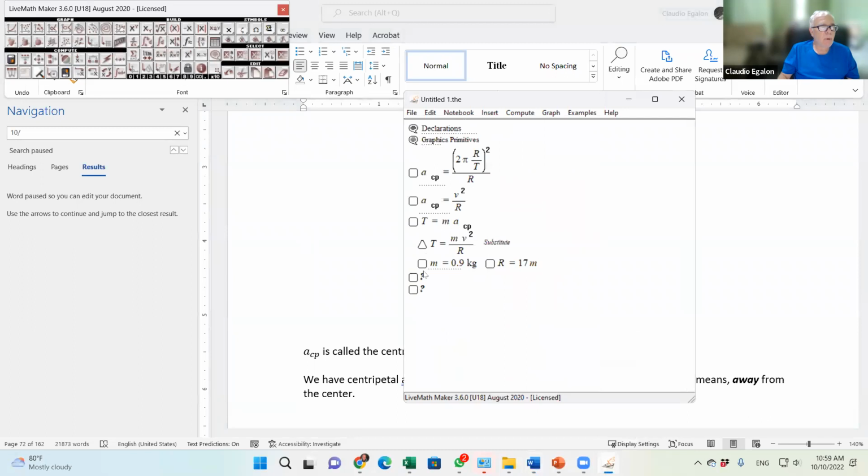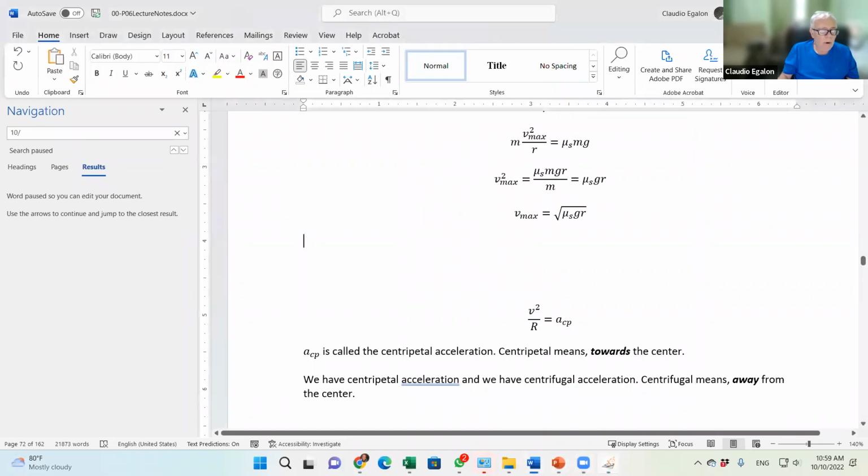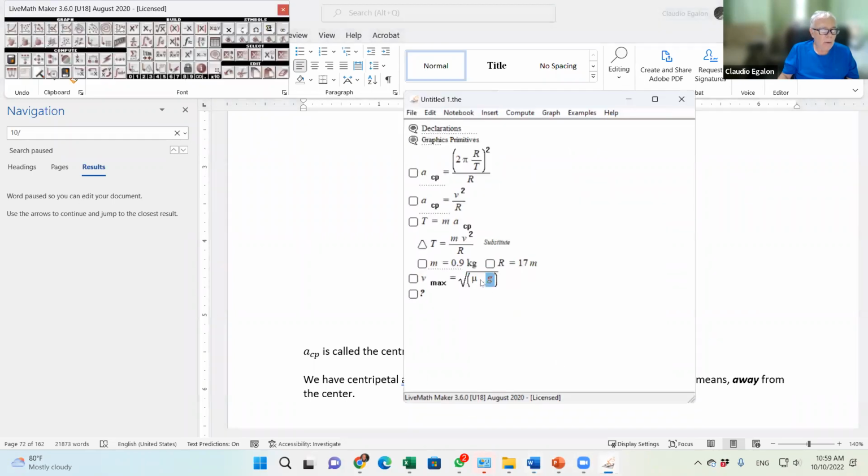V max is equal to the square root of mu s g R, where R is the radius.